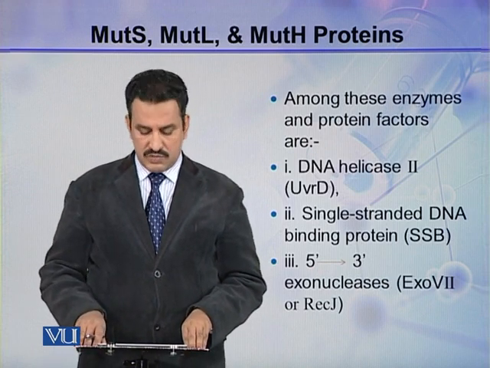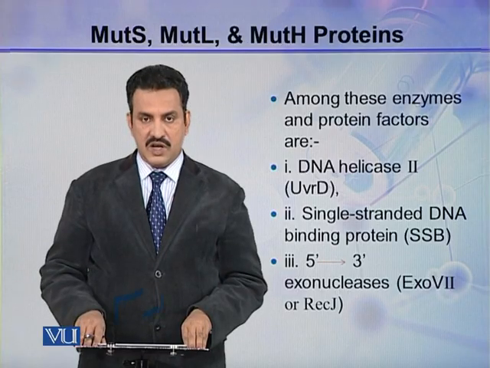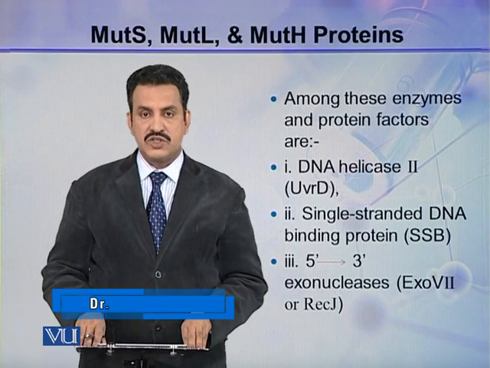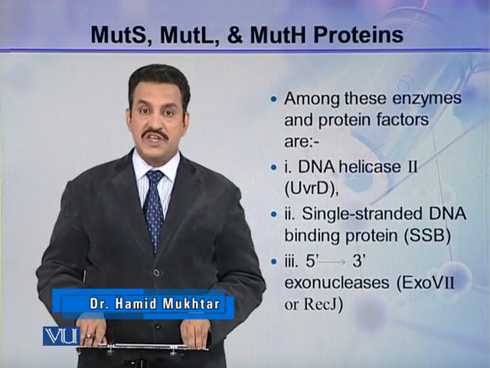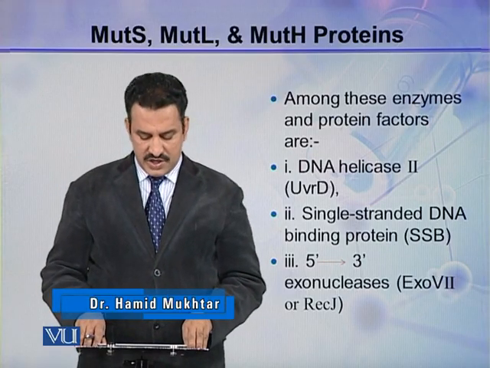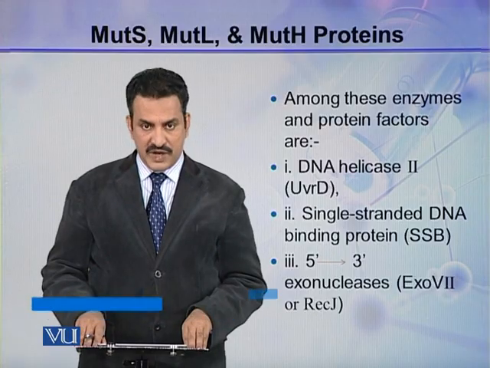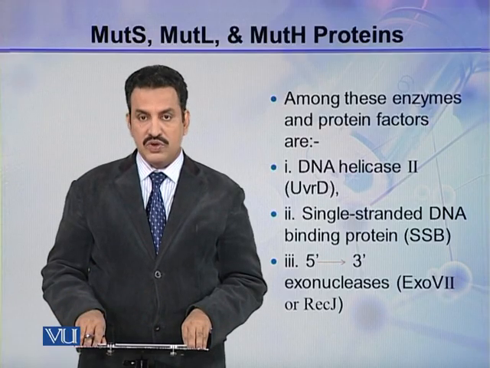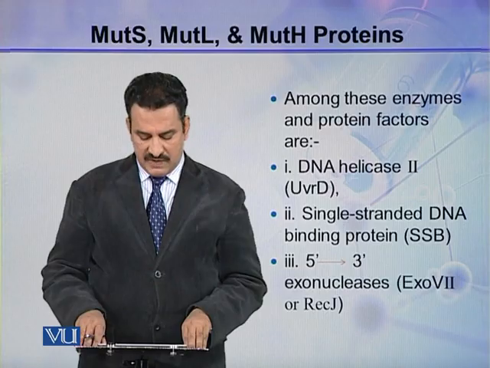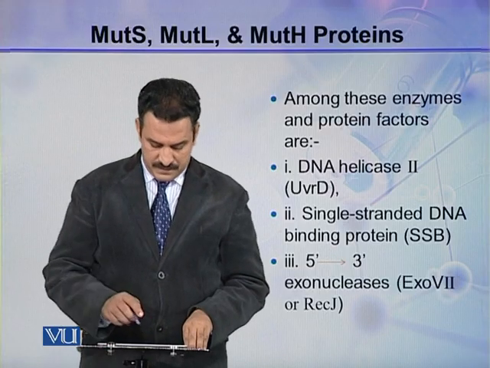Among these enzymes and protein factors are DNA helicase 2 or UVRD, single stranded DNA binding protein SSB, 5' to 3' exonucleases, EXO7 or RECJ.